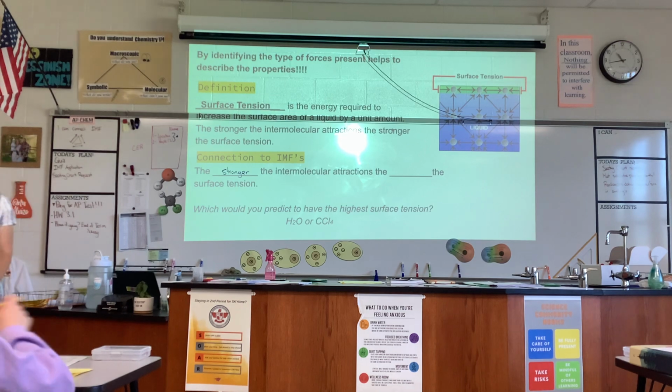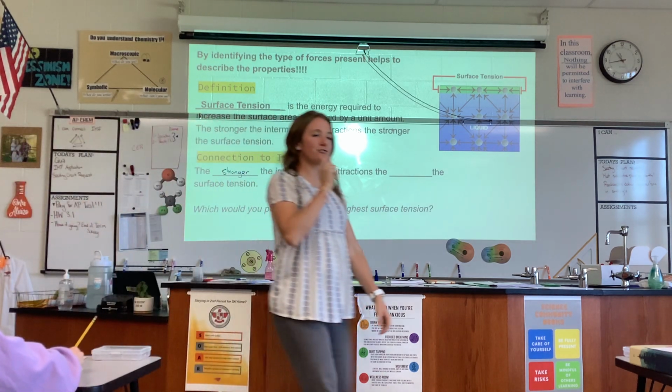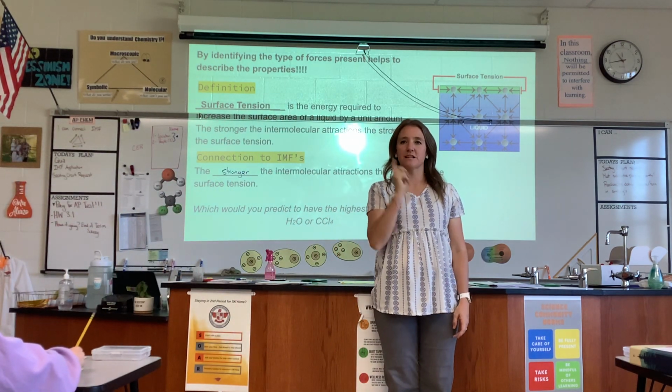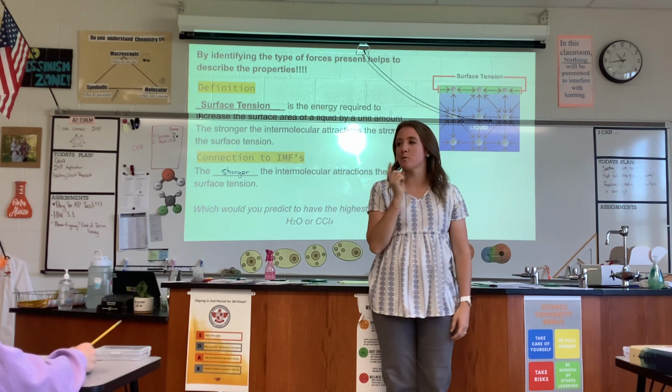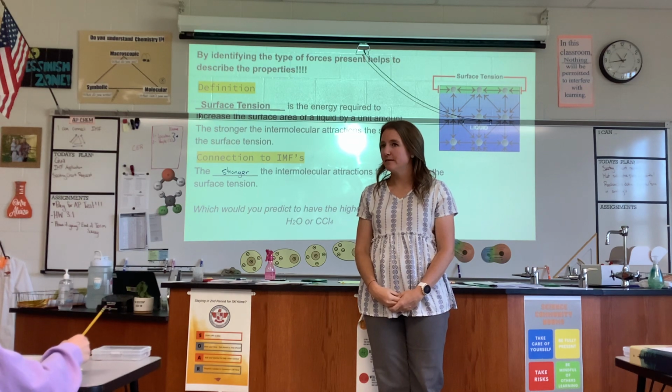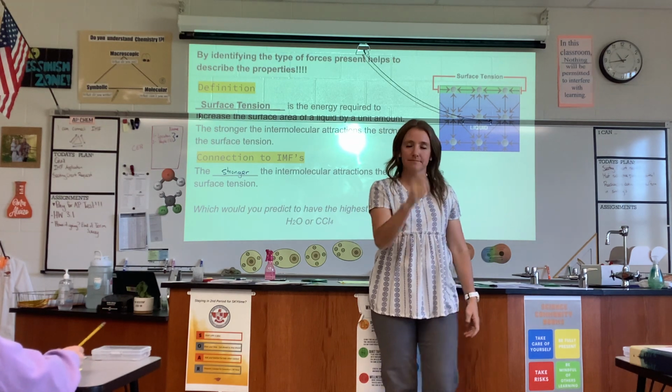Okay, point with your finger, saying I think stronger IMFs mean stronger surface tension or weaker surface tension. Point up or down for me. Is it a direct relationship or what we call an indirect relationship? Very good. If you're pointing up, have a smile.